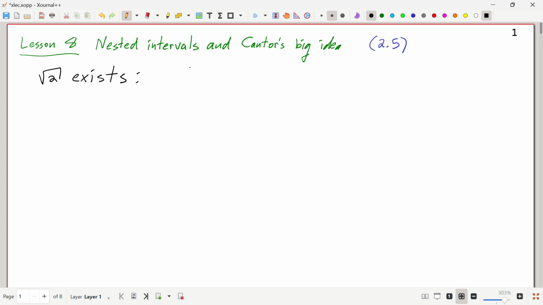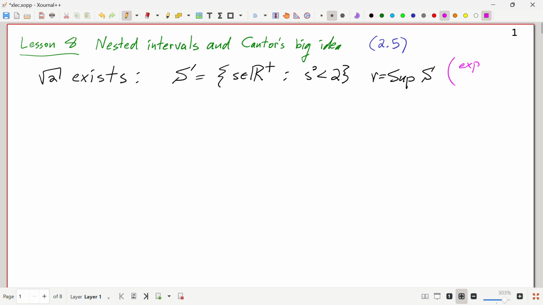So remember, S is equal to the numbers in positive real numbers such that S squared is less than 2, and R is the soup of S, and we're expecting that to be the number we want.